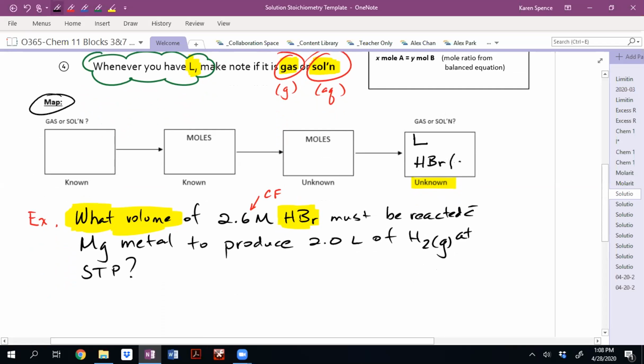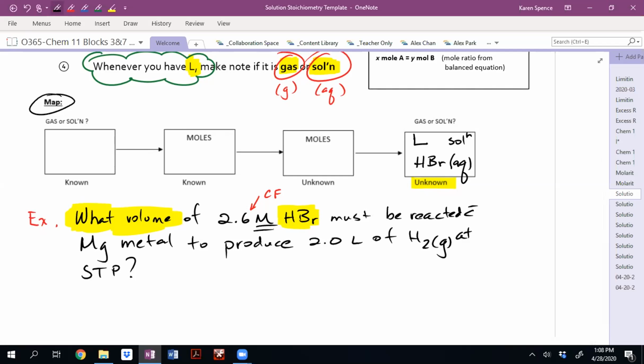Yes, it is a solution. Why did I write gas? Because I'm silly. How do you know it's a solution? Because it says molar. Anytime you see the word molar, you know it is a solution.